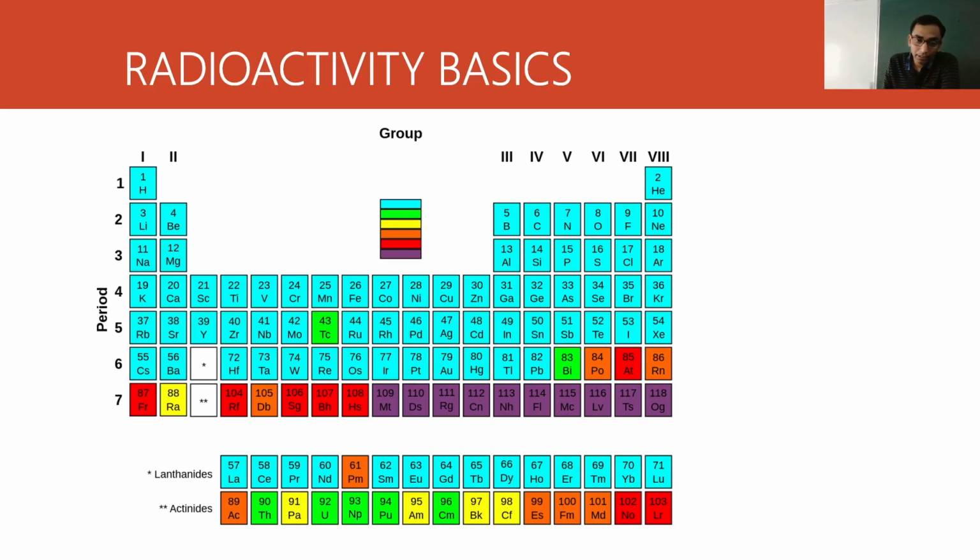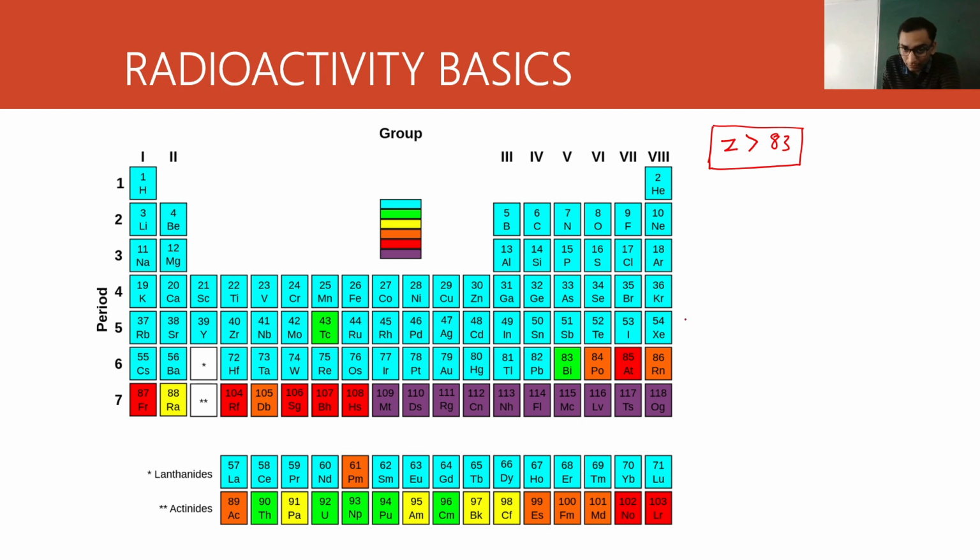So let's go ahead. If you look at this periodic table, then we have mostly those elements which are radioactive whose atomic number is greater than 83. In ICSE textbooks, they have mentioned greater than 82, but with respect to the 12th standard textbook, 83 is the atomic number after which mostly these elements become radioactive.